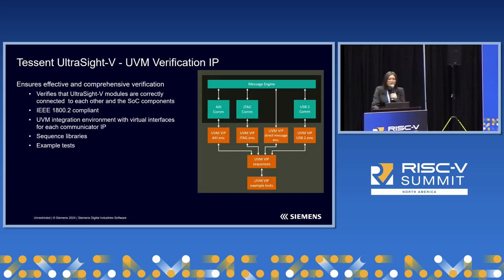UltraSight-V also comes with a UVM verification IP that can help the hardware engineers verify that the modules are correctly connected to each other and to the SoC components as well. It comes with UVM sequences and example integration tests as well.